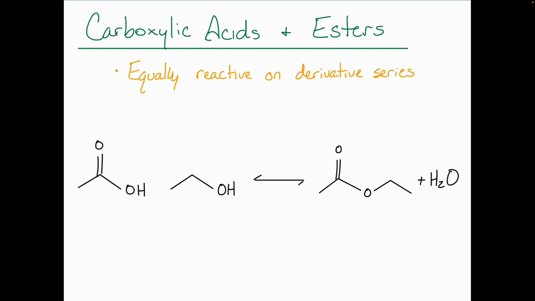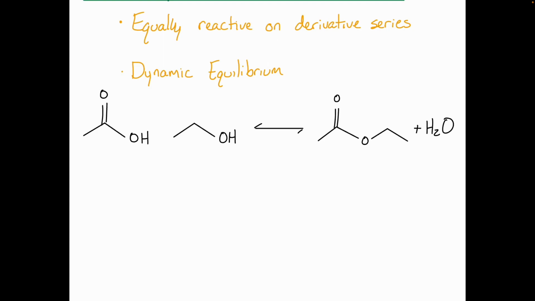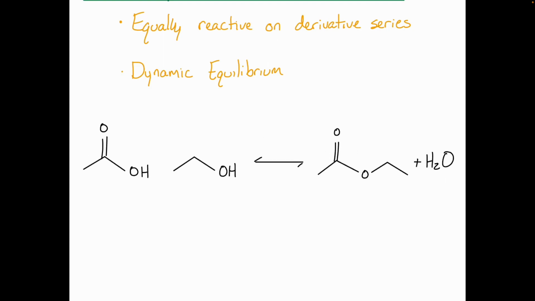Okay? This is what we would call a dynamic equilibrium. Meaning one side of this reaction is not super favored over the other side. They're pretty balanced out energy-wise. Okay? So what that means is we can take advantage of that and Le Chatelier's principle to tune this reaction to go in one direction or the other.